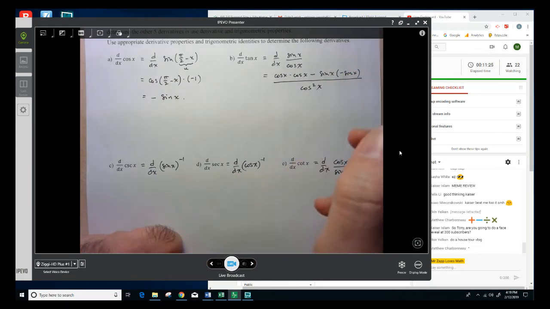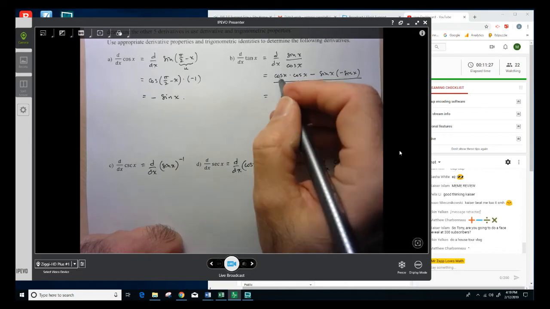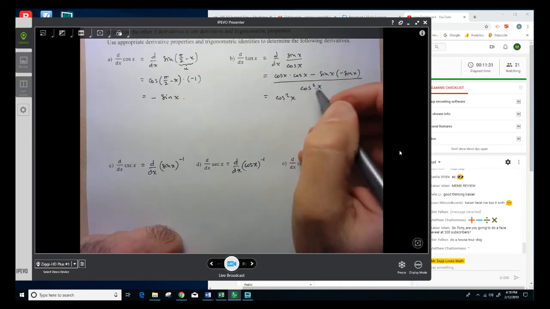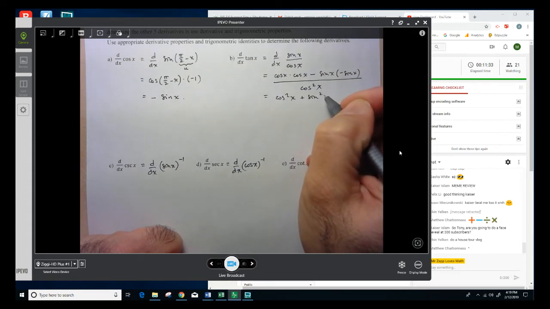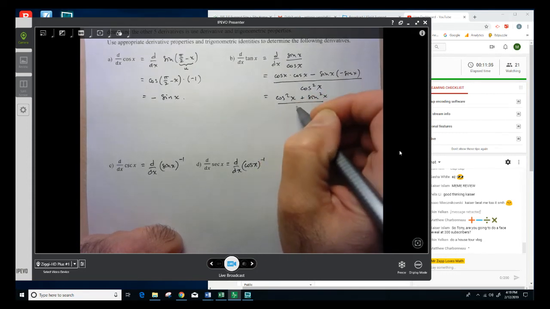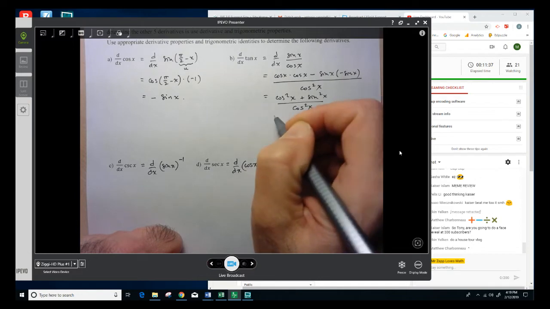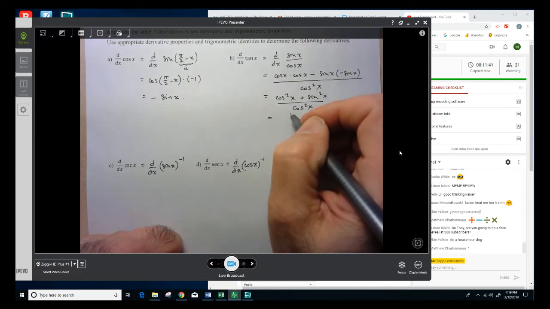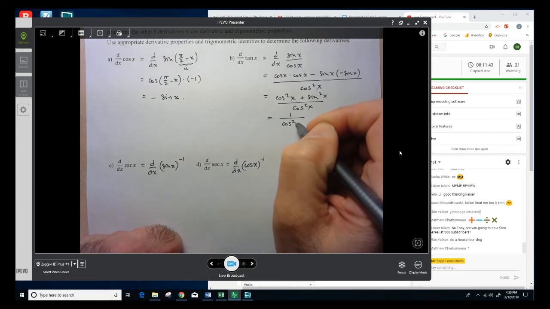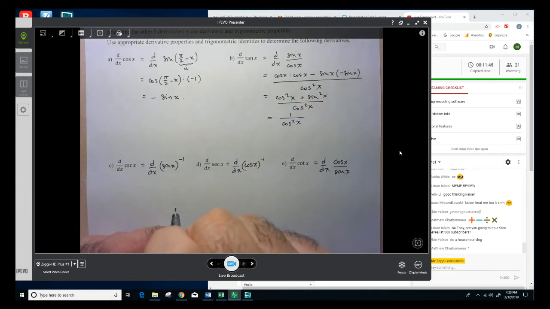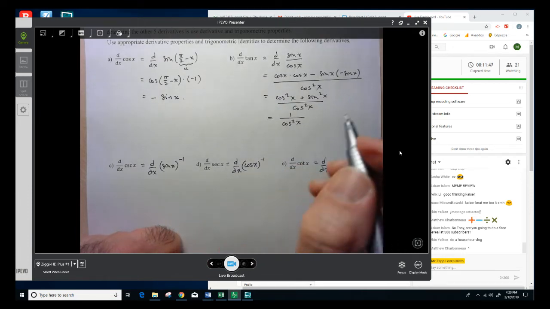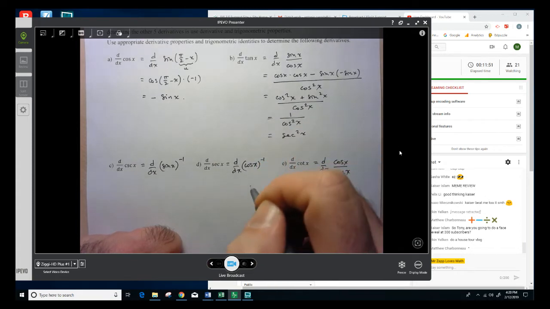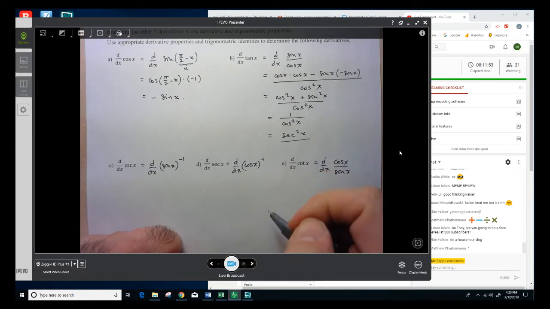All right, nice and easy, cos squared x, and hey, what's this going to give us? Plus sine squared x. This is looking really good, all over cos squared x, and of course cos squared plus sine squared is equal to 1. All right, and there's our derivative. But in fact, we can do one better, and we can write this as secant squared x. All right, so there's our derivative of tangent.